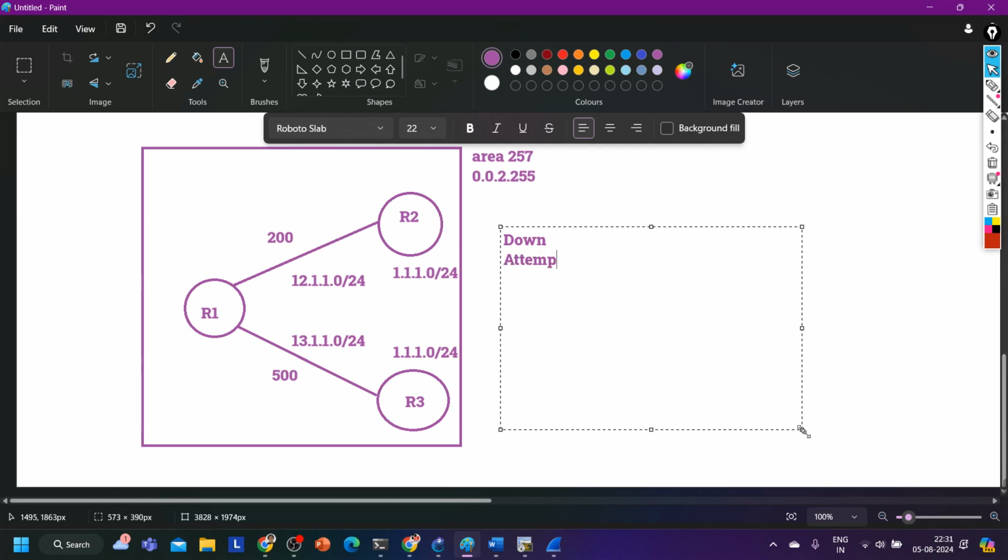Then we have the attempt state, in case of static neighborship only, right? This is optional. In case of static neighborship you will have the attempt state. In dynamic you will have directly down, after that two-way. And if MTU mismatches, then the OSPF neighborship will be stuck in the ExStart state. Then, guys, ExStart state, then we have exchange state, then loading state, and after that full state.